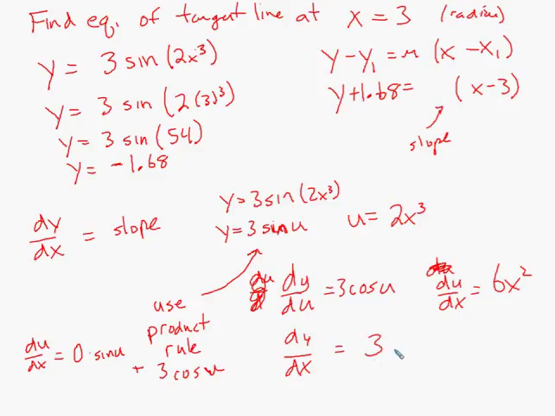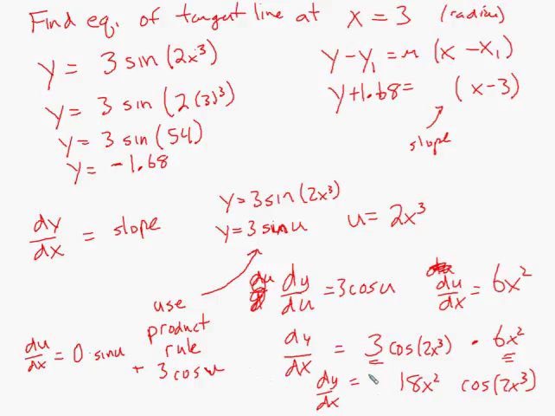So that's going to be 3 cosine of 2x cubed times 6x squared. Note that this is not inside, it's not the argument of cosine. So I could multiply these two things that I underlined, so I get 18x squared cosine of 2x cubed. That's my derivative.